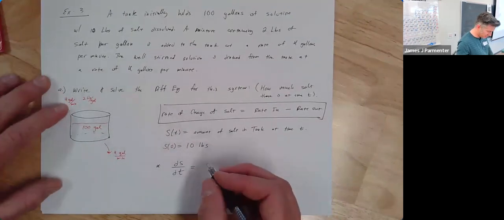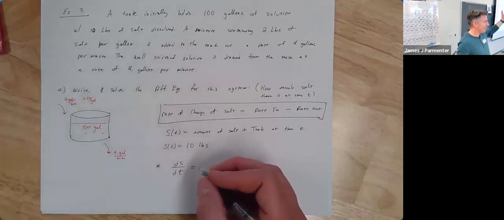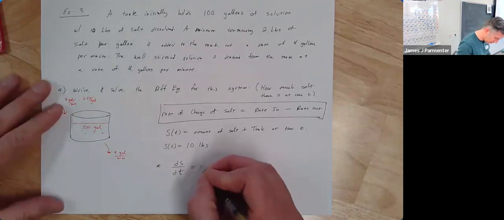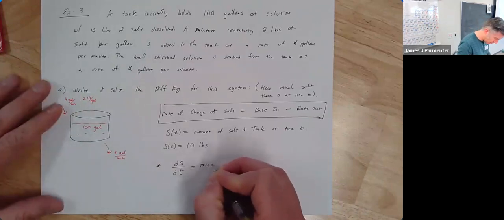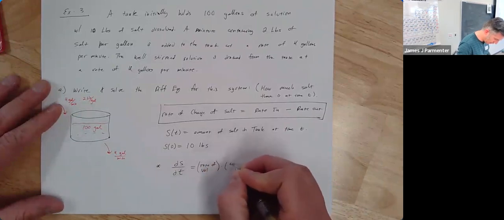So the rate of salt is just the rate of volume times the, I can't find the word, the concentration. So it's the rate of volume going in times the concentration of that volume.